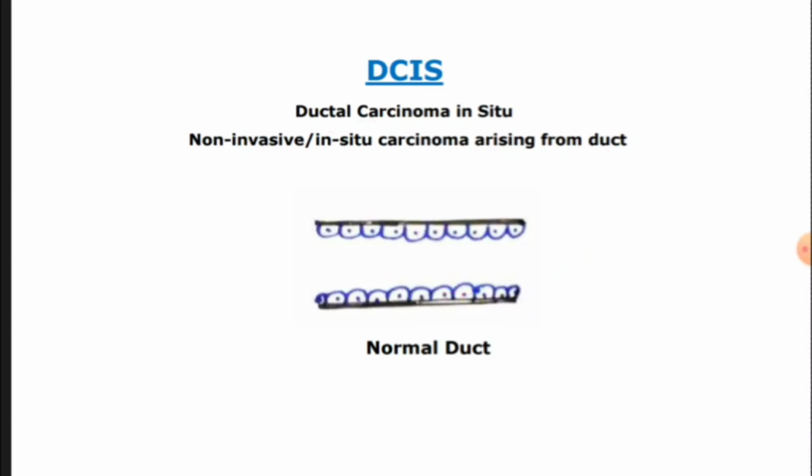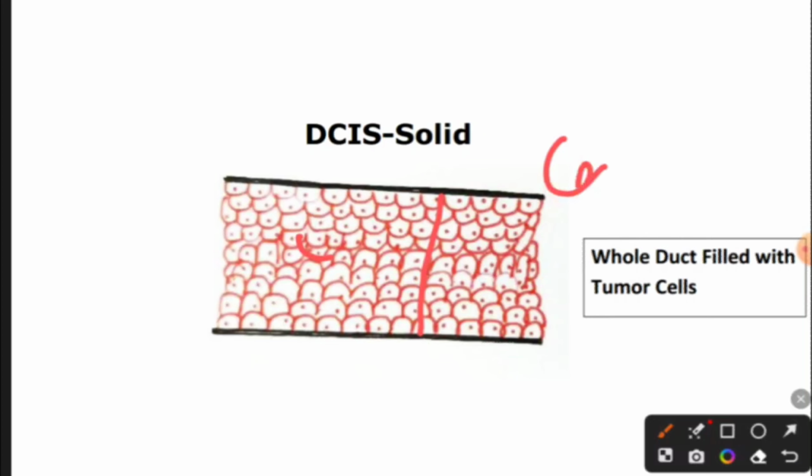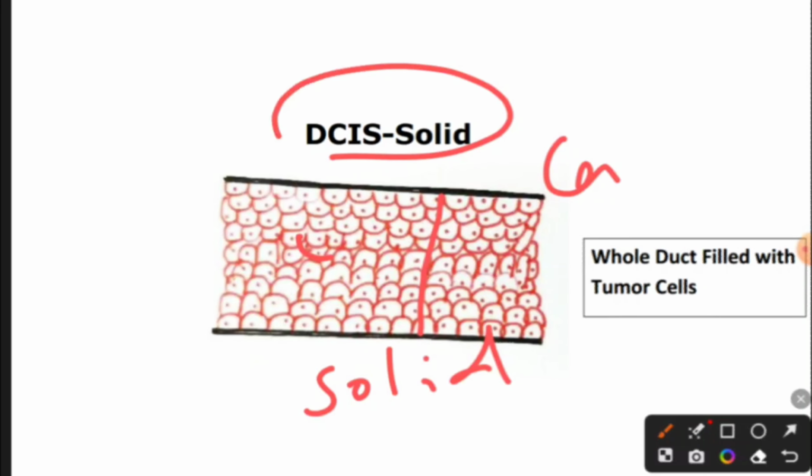The continued proliferation of these cancerous cells fills the whole duct. Now no vacant or free spaces are left behind, and the whole duct appears to be completely packed with cancer cells. And it gives this duct a solid appearance. That's why it is called solid type ductal carcinoma in situ.